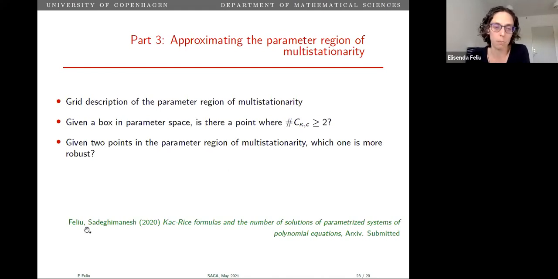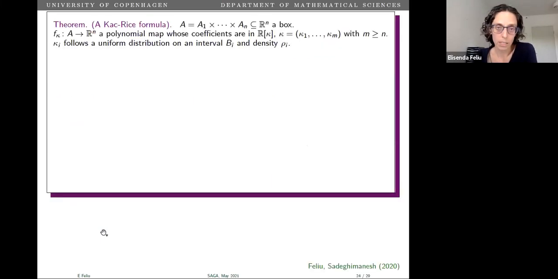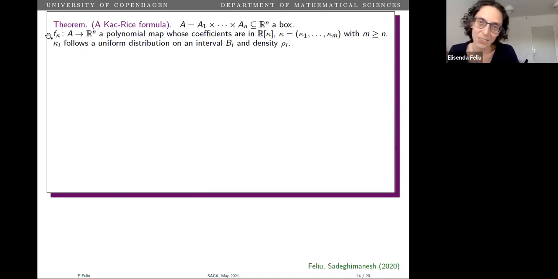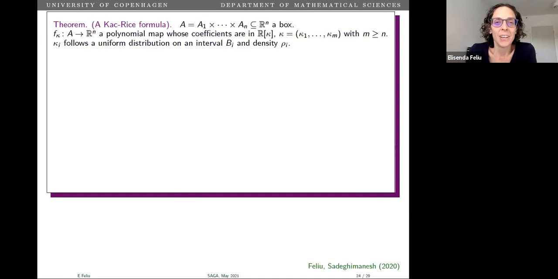This is with Amir Sadeghimanesh. And for this work, we've tried a numerical algorithm. The theorem that it builds on is a bit technical, right? So I don't expect that you can process all this now at the very last 2 minutes of the talk. But let me briefly say the idea, right?